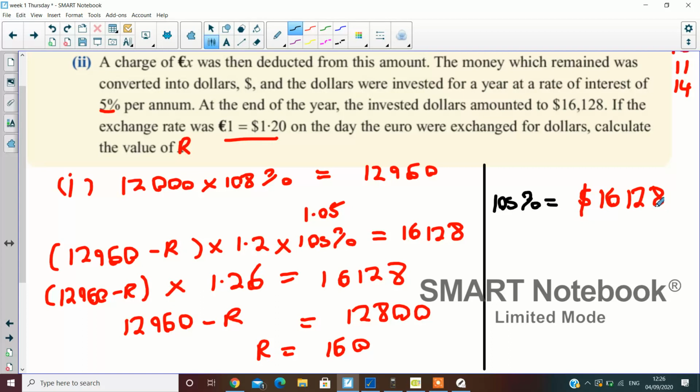Now divide that to turn it into 100%. How do you turn it into 100%? Divide by 105 and multiply by 100. And what would you get? 15,360. Is that correct? Yeah.